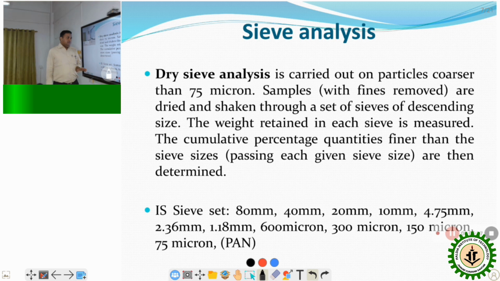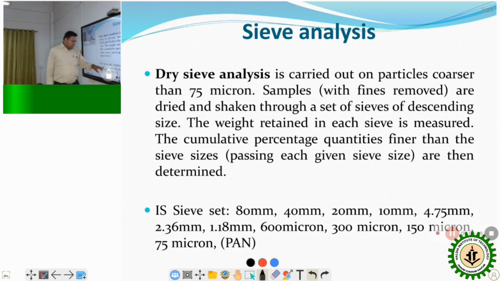Because in soil, the lowest aperture size sieve that we use is 75 micron. So there is an Indian standard sieve set that we have to use, having aperture sizes starting from 80 millimeter, then 40 millimeter, 20 millimeter, 10 millimeter, 4.75 millimeter, 2.36 mm, 1.18 mm, 600 micron, 300 micron, 150 micron, and 75 micron.